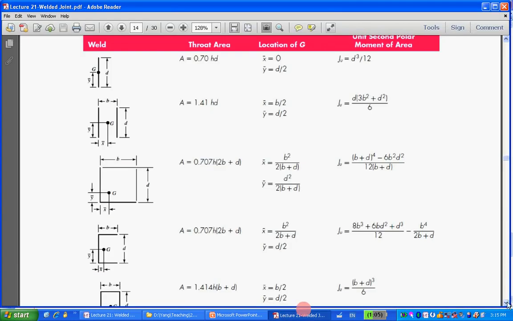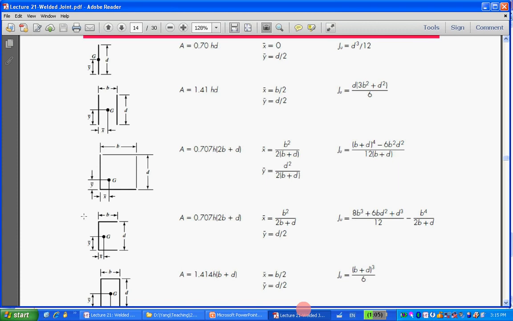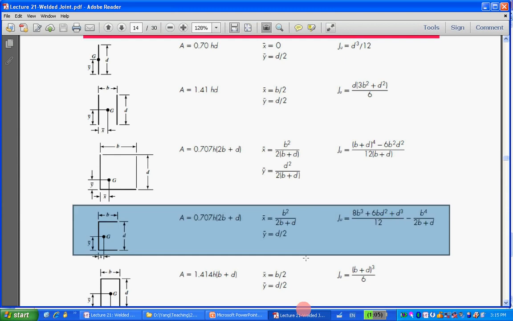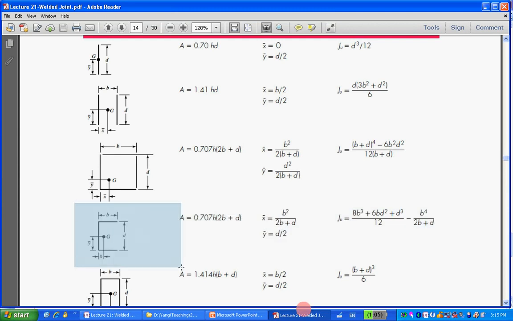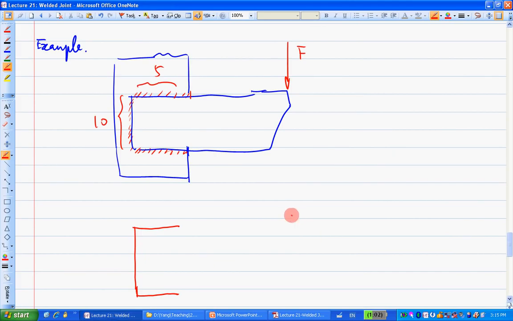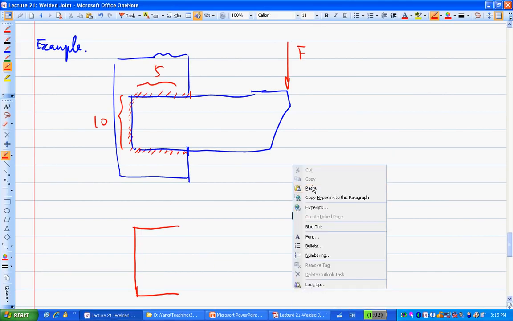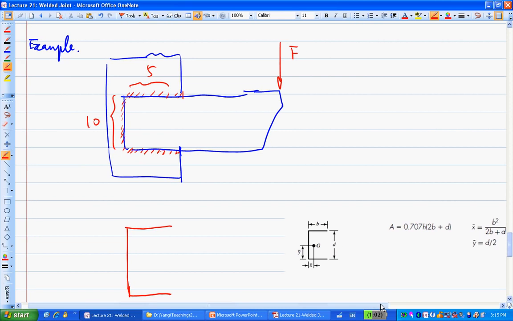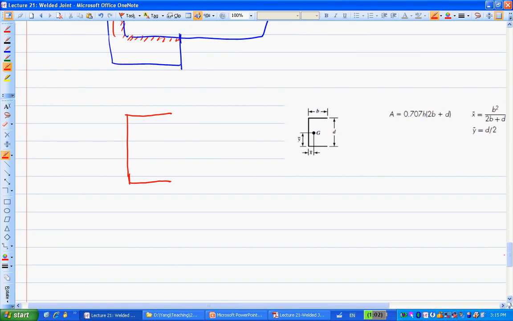Which one are we going to use? This one here, right? If you look at this one here, that's basically the same kind of geometry as this one showing here.